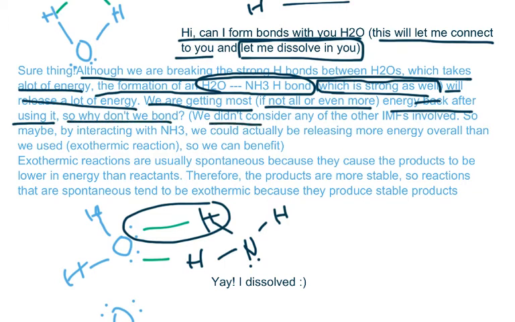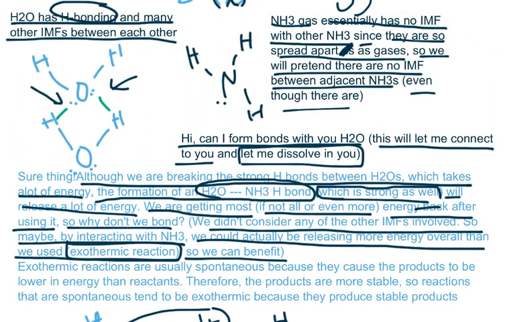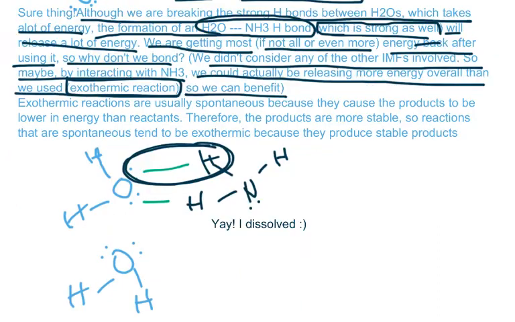And note that we didn't consider any of the other IMFs involved, so maybe by interacting with NH3, the H2Os could actually be releasing more energy overall than they used, and if this happens, it's an exothermic reaction, and it's beneficial.